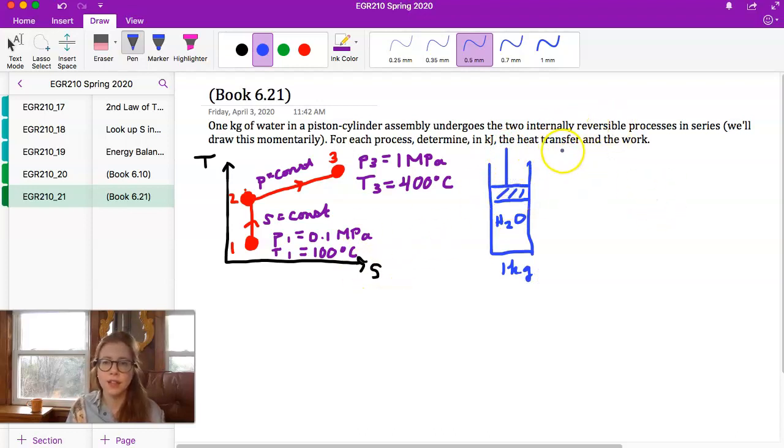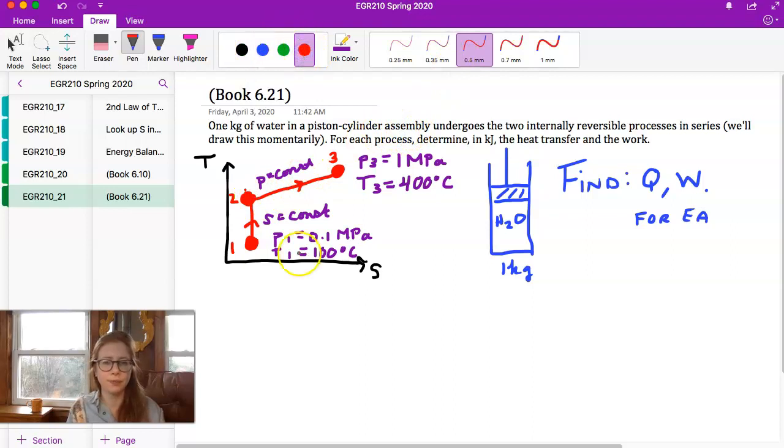And we have that this is 2 internally reversible processes in series. And we need to find Q and W for each process. Okay, so we have process 1 to 2 and process 2 to 3.